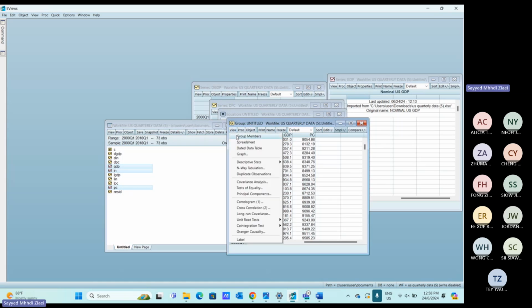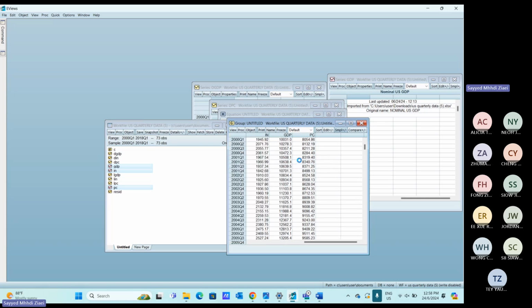Okay, find descriptive statistics. Where is it? So for those students who use secondary data, the first important table they should put is descriptive statistics.